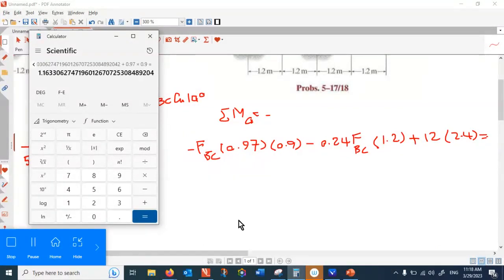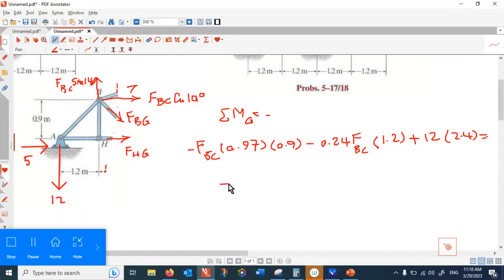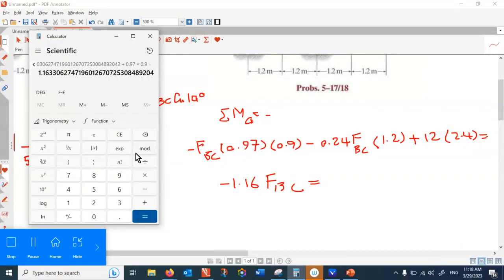That is minus 1.16 FBC is equal to minus 12 times 2.4, 28.8.